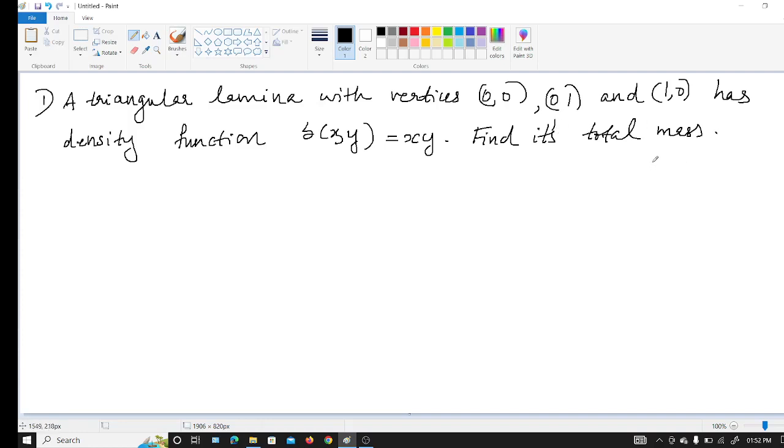Okay. So, before finding the mass, we can draw the lamina here. You can draw the x-axis, y-axis, then we can mark the corresponding points (0, 0), (0, 1), (1, 0).